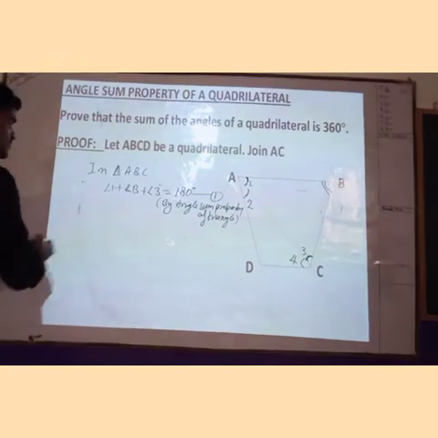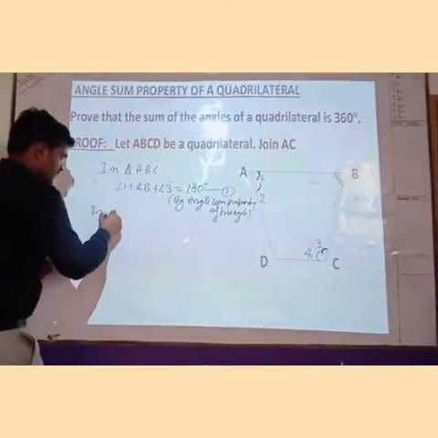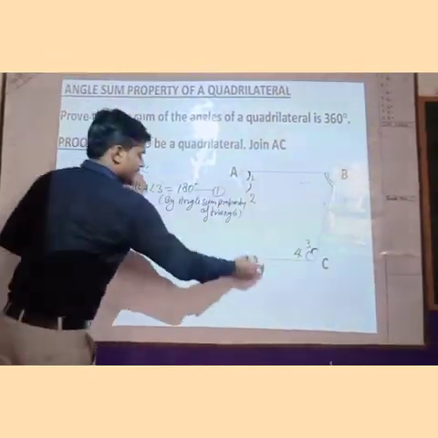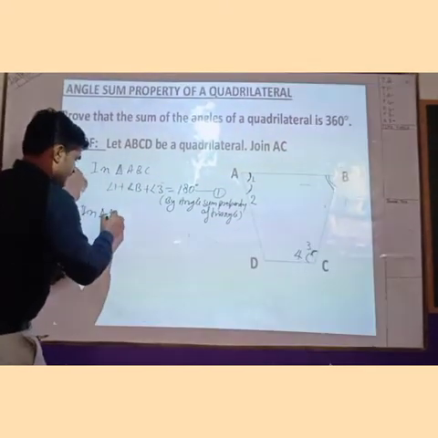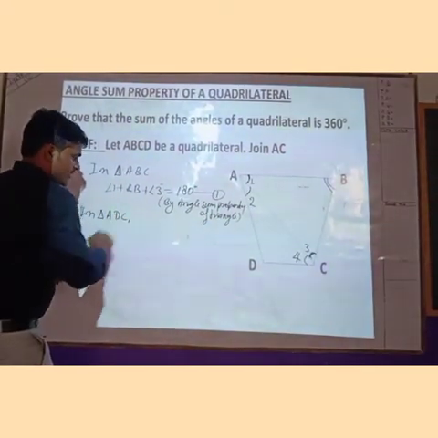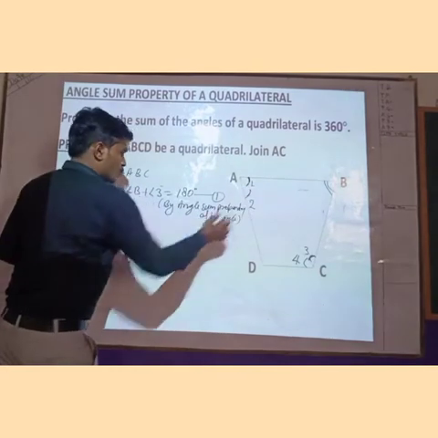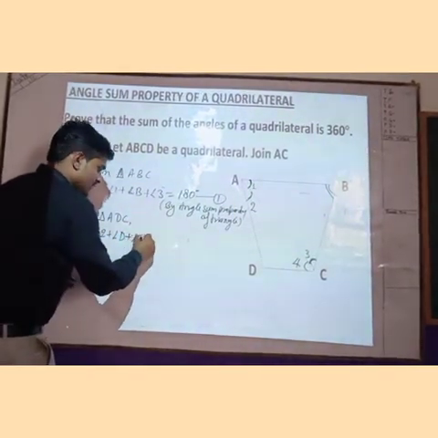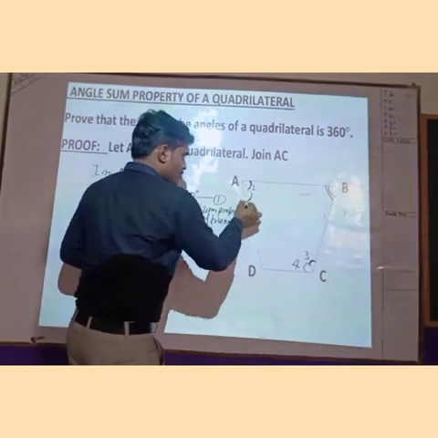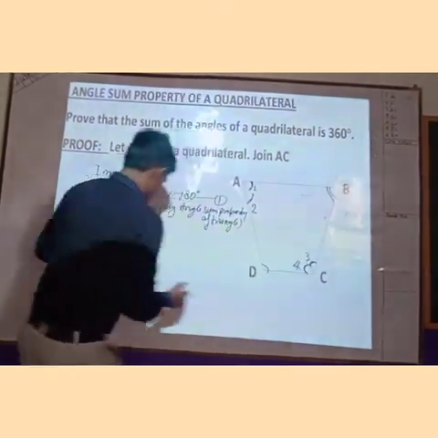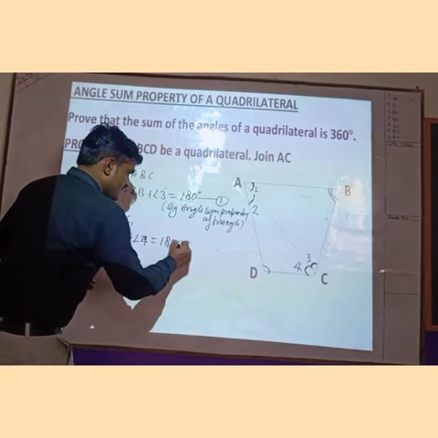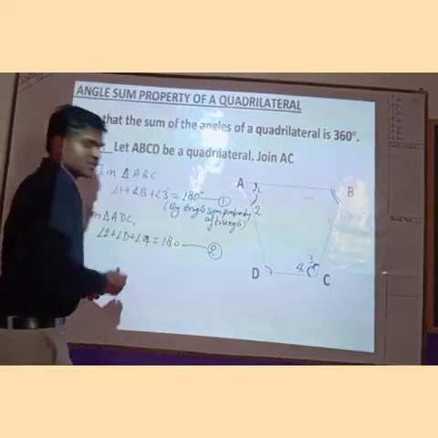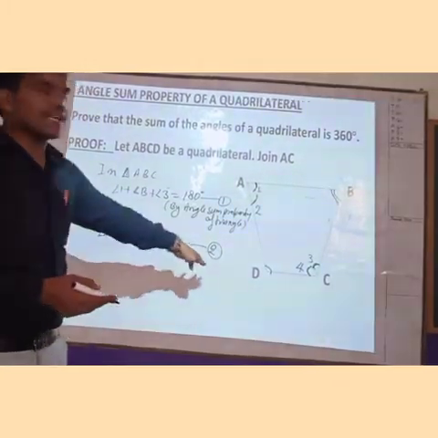Okay, now in triangle ACD, children, we get angle 2 plus angle D plus angle 4 is equal to 180 degree. That is equation number 2, which is also by angle sum property.